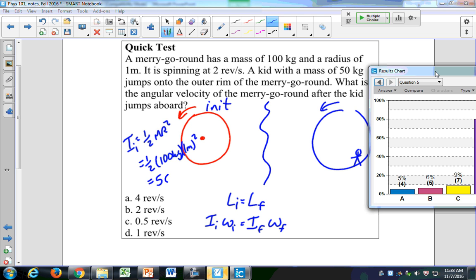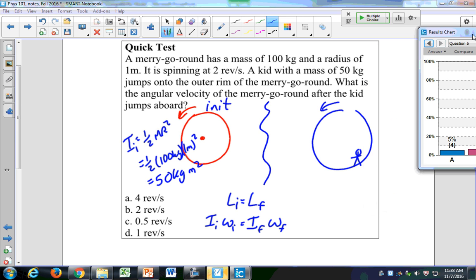And so that's 50 kilogram meter squared. Now, the moment of inertia over here, remember, like with the Richard Pryor bit, where we have two pieces that are coming together, that's what's happening here. The moment of inertia of the disk is 50 kilogram meter squared.